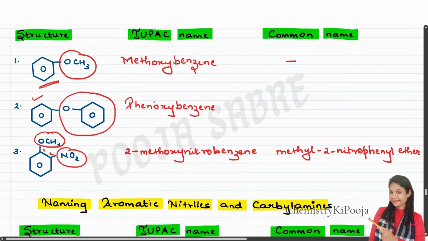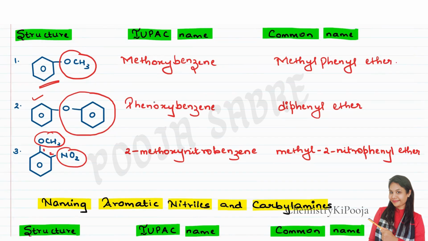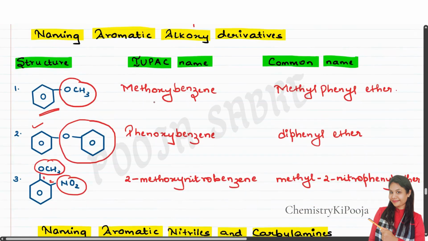In this case, it will be diphenyl ether. And then coming to this one, I can write methyl and phenyl is there, so methyl phenyl ether. Clear?